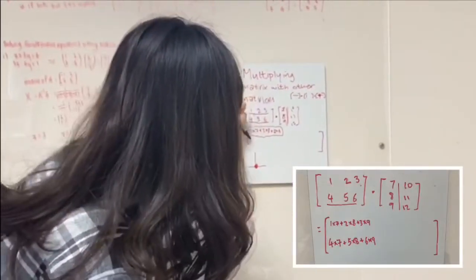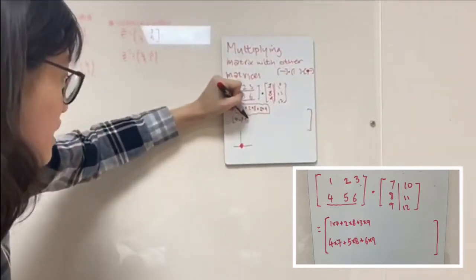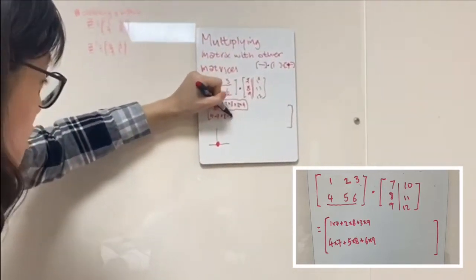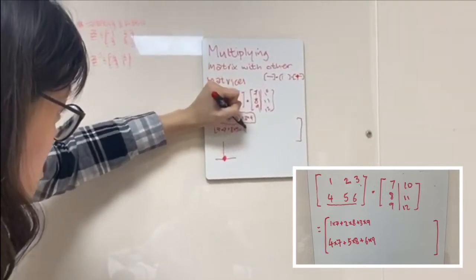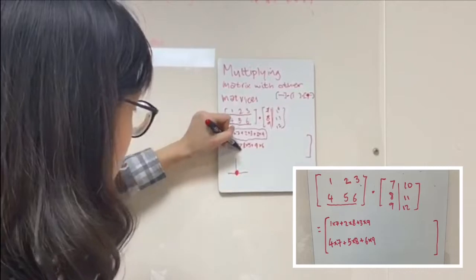So 4 times 7 plus 8 times 5 plus 9 times 6.